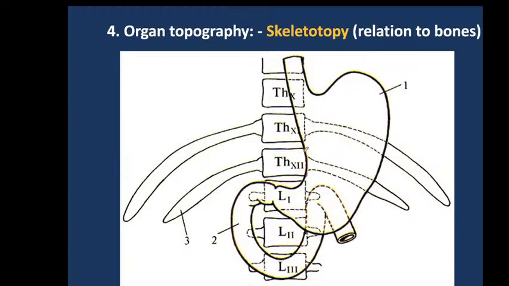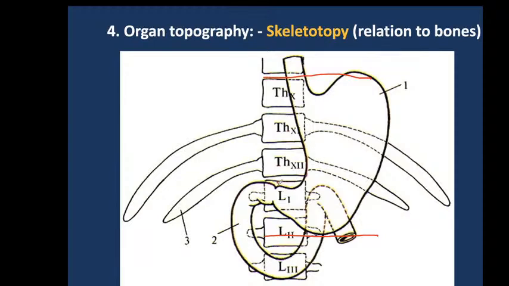You see, here is the stomach, and the upper part of the stomach is at the margin of vertebra 12, but the lower border of the stomach is at the level of the second lumbar vertebra.